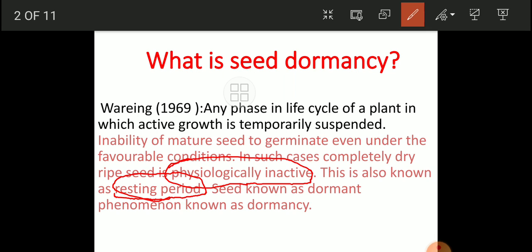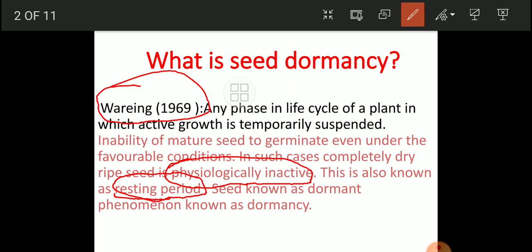In the case of seed dormancy, Waring is the name of the scientist. In 1969, according to Waring, dormancy is the phase in the life cycle of the plant in which active growth is temporarily suspended. That is the definition given for the dormancy of the seed, for the physiologically inactive condition, for the resting period of the seed.